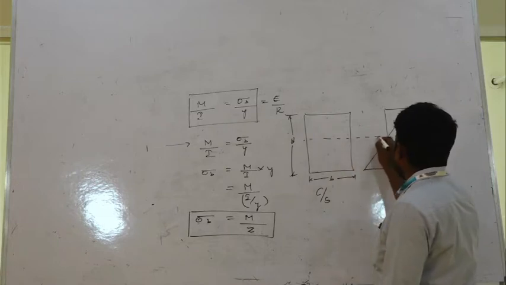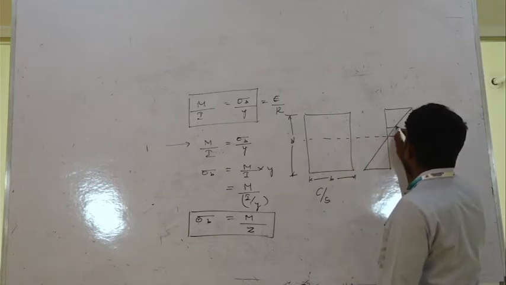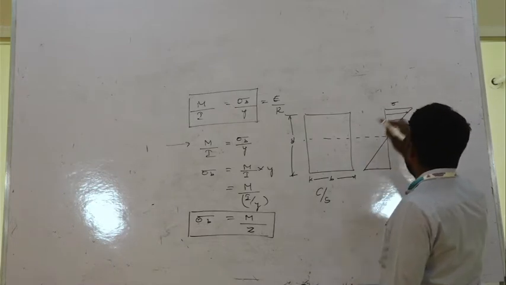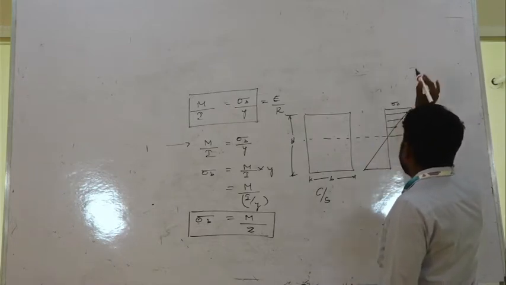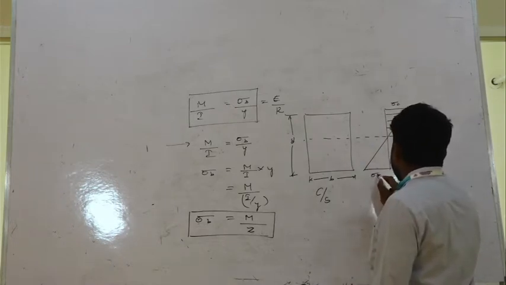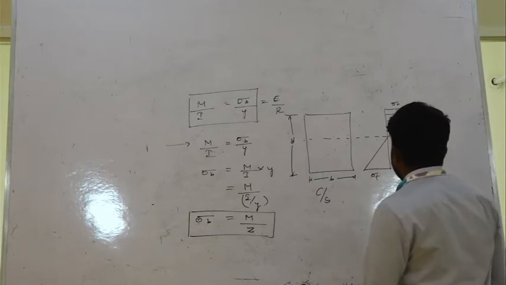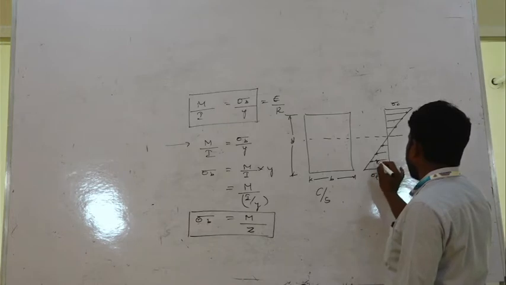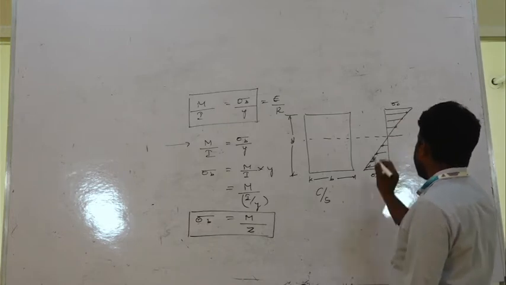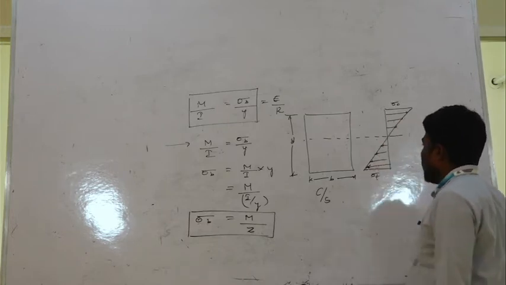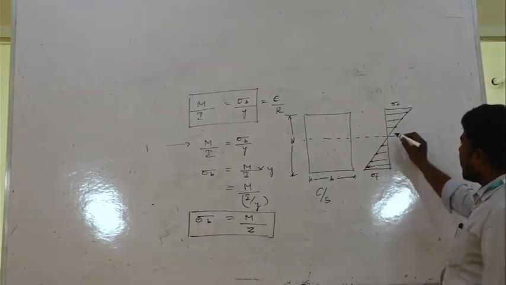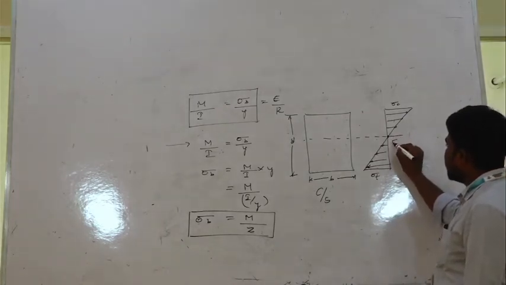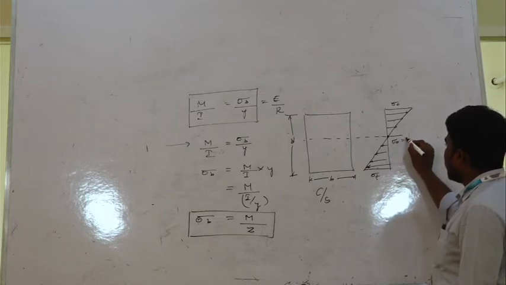This is the neutral axis. Sigma compression, sigma tension. That means the bending stress at the neutral axis is 0, sigma b equal to 0.